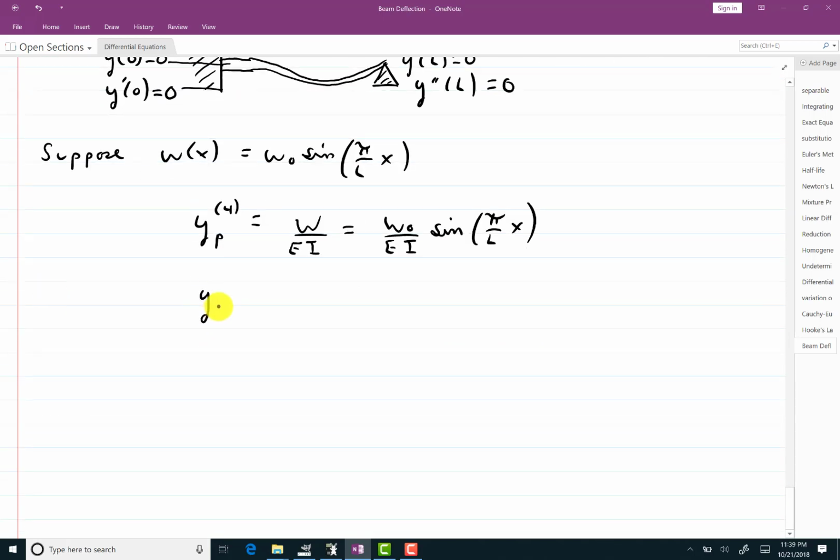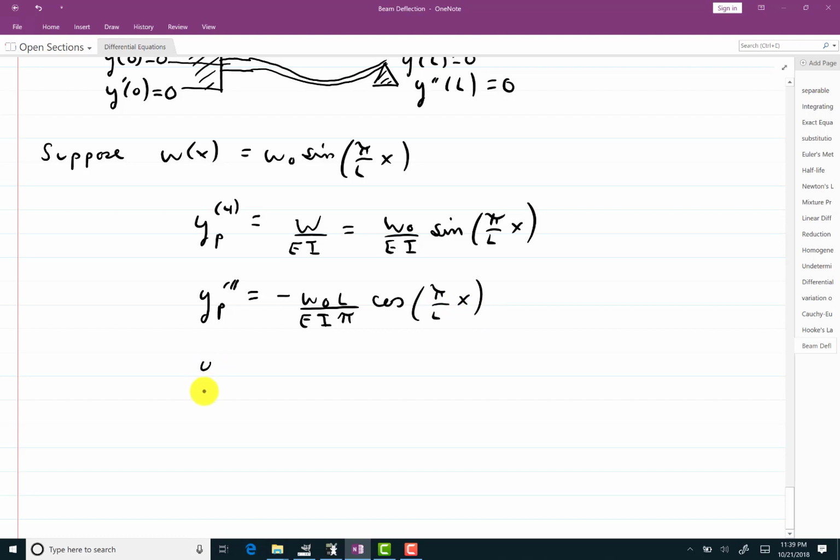So y sub p triple prime will equal, well, the antiderivative of sine is cosine, negative cosine actually, so we'll have negative W naught over EI. And then when you do this, remember, if you let u be pi over Lx, then the du will be pi over L. When you integrate, you'll end up getting an L over pi cosine pi over Lx.